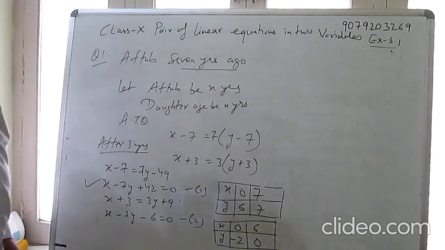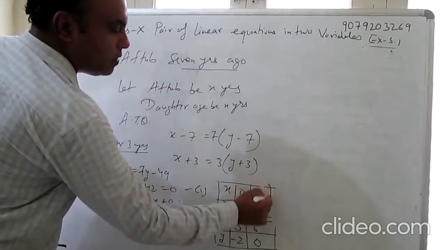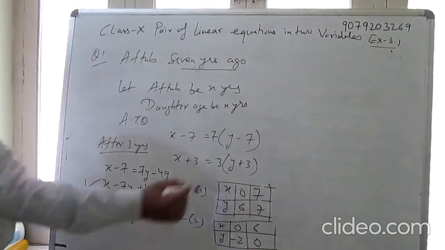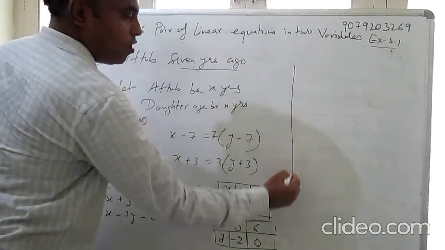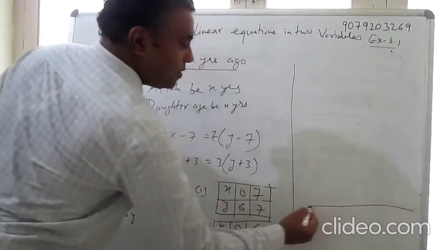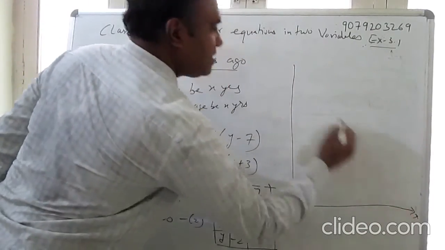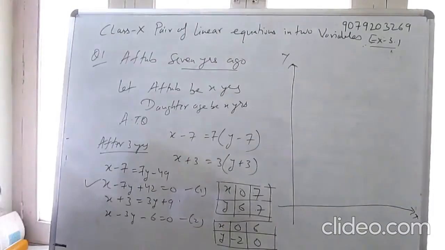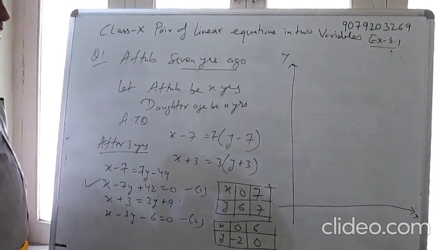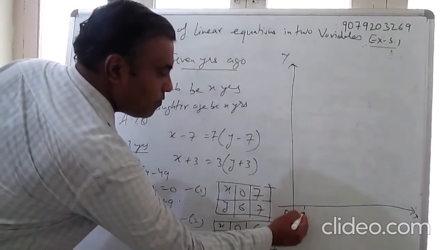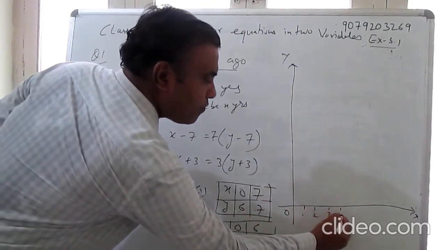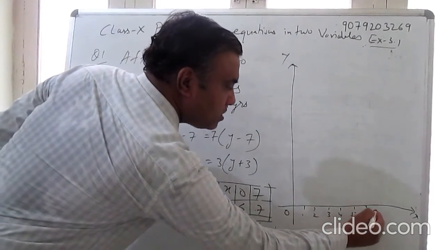So now we plot these two equations on the graph. See here, you draw on graph paper. This is the x-axis, this is the y-axis. Now the first point: 1, 2, 3, 4, 1 centimeter, 5, 6.